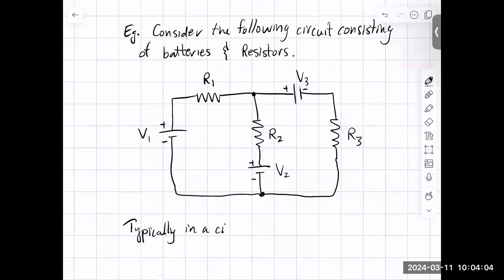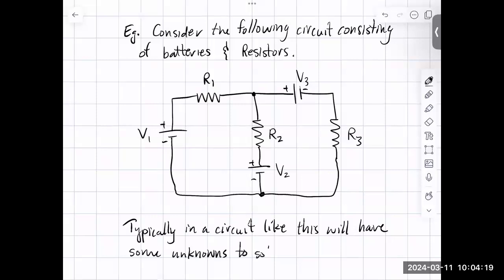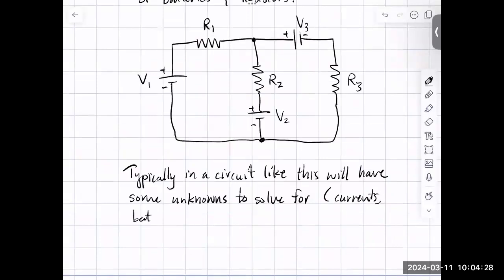Okay, so typically in a circuit like this, we will have some unknowns to solve for. Those unknowns could be currents or battery voltages or resistor values.